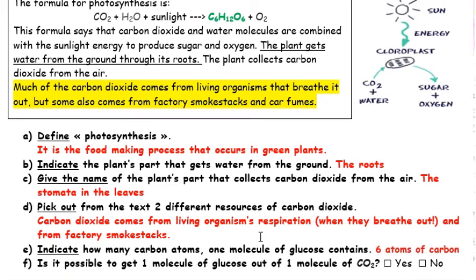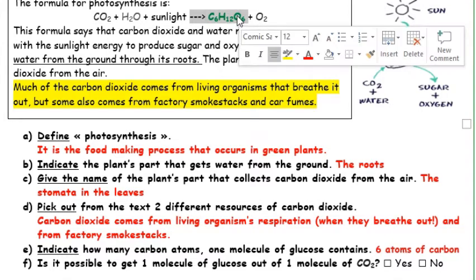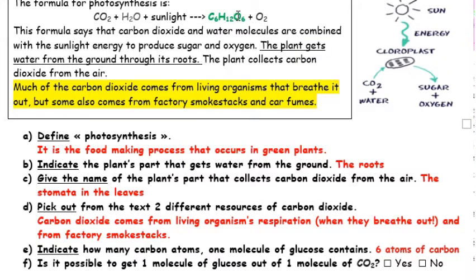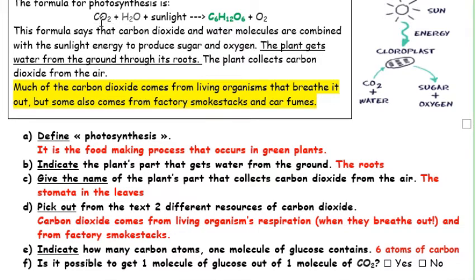Is it possible to get one molecule of glucose out of one molecule of CO2, of carbon dioxide? Let's see. Here we have CO2, carbon dioxide. And here we have the glucose. In the glucose, we have 6 atoms of carbon. But in the carbon dioxide, we have 1 atom of carbon.